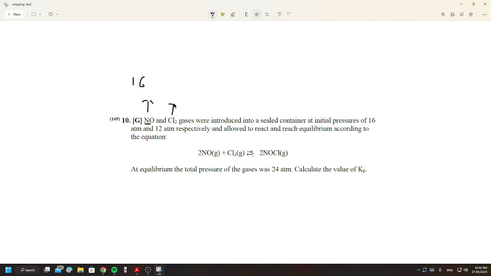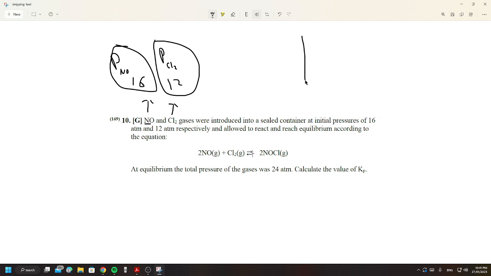16 and this one is 12. So the pressure of NO and the pressure of Cl2 in atm, obviously. So let's just write down the equilibrium Kp expression.